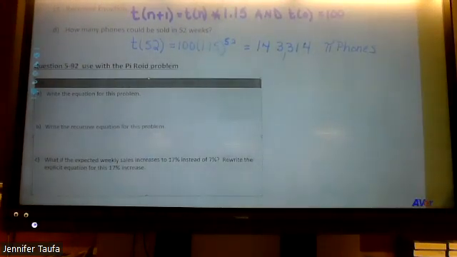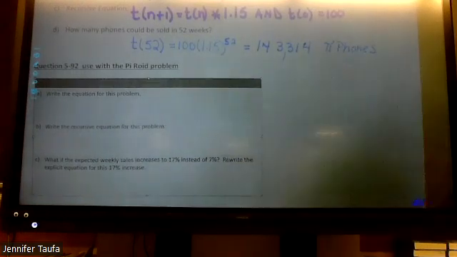So I want you to think, and we're going to do explicit first. So think about, we start with 10,000 and we gain 7% every week. Pause the video here and see if you can write the explicit for this one.